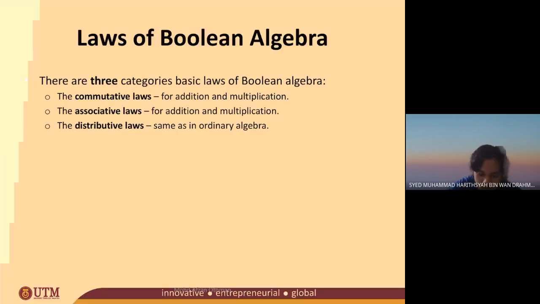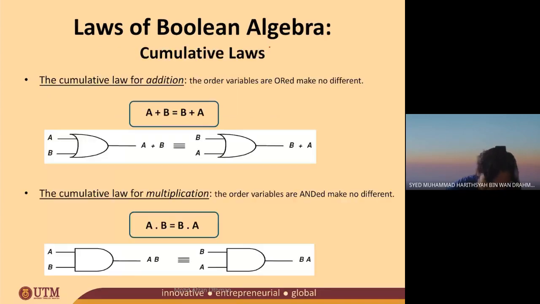Okay, so there are three categories of laws of Boolean algebra. We have the commutative, associative, and distributive. Let's see. It's better to see what these are based on examples. The commutative law, for example here: A plus B is equivalent to B plus A. You just change the position of A and B. So it represents the same Boolean algebra.